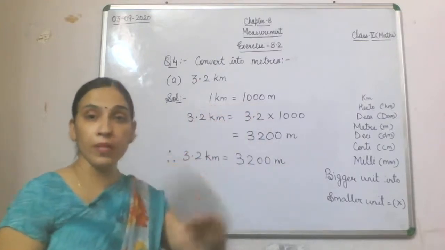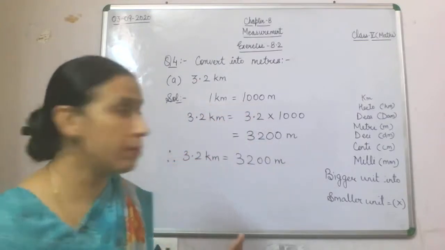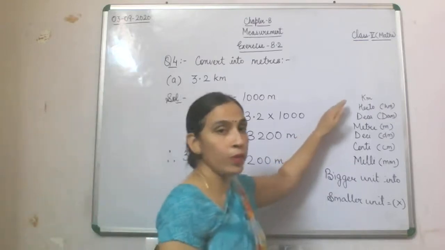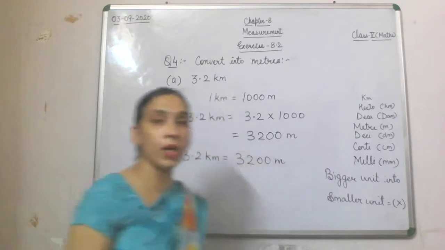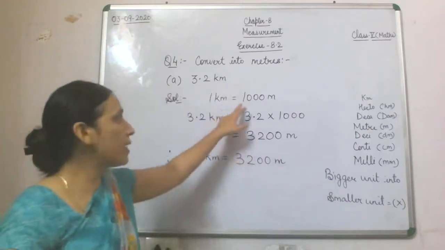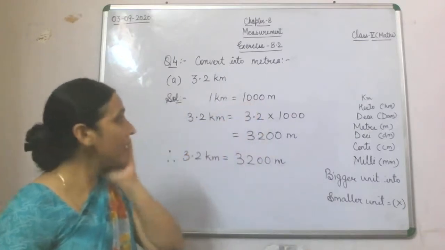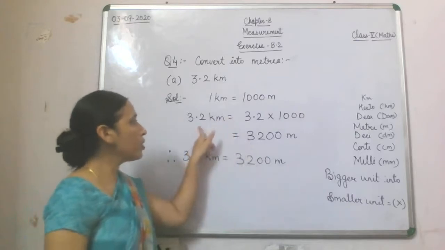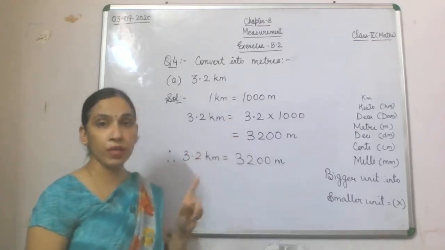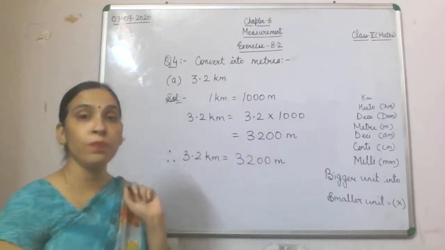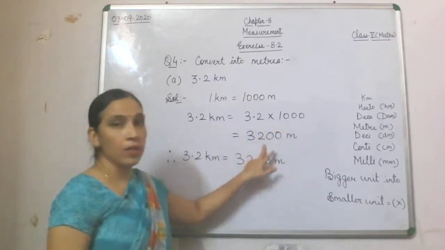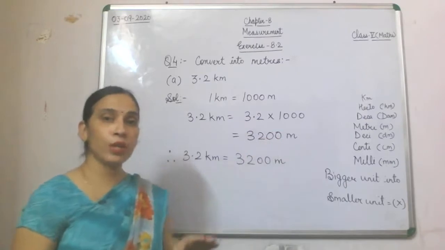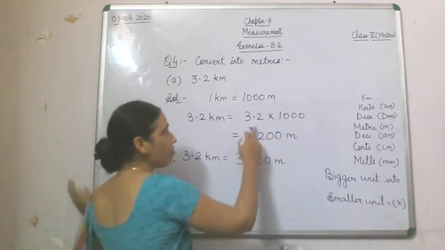If you remember this, fine. If you don't remember this, there is no problem. You can see here that 1, 2 and 3 steps you are coming down. So 1 will be followed by 3 zeros and the unit will be meter. So now 3.2 kilometer, what will it become? 3.2 will be multiplied by 1000. Now this decimal is going to shift 3 places to the right.